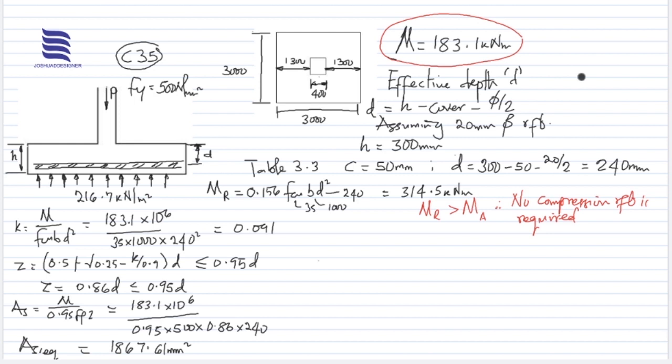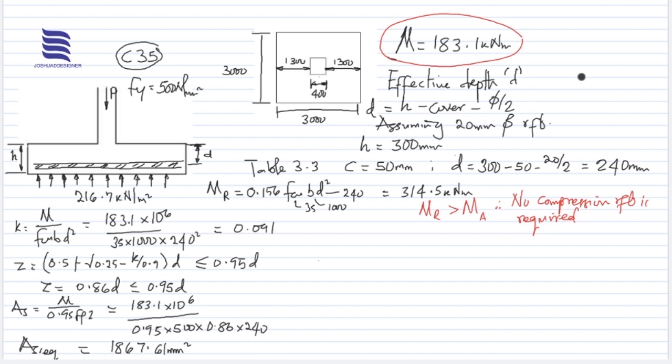When you check through the reinforcement tables, you should be able to pick a particular reinforcement for this. But in the absence of that, you can also use mathematical relations to obtain what reinforcement and what spacing is suitable.